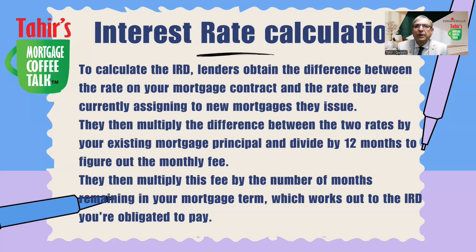Now you multiply 350,000 by 1.25 and divide by 12, which gives you the monthly amount. Then you multiply that by 33 months. In this case, we just repeated 33 months. I think it's 30 months, but maybe I put 33. So you multiply by the number of months remaining, and that's your penalty with IRD.